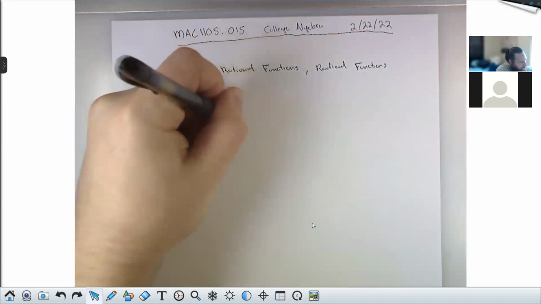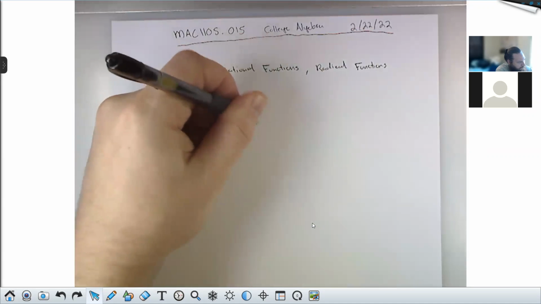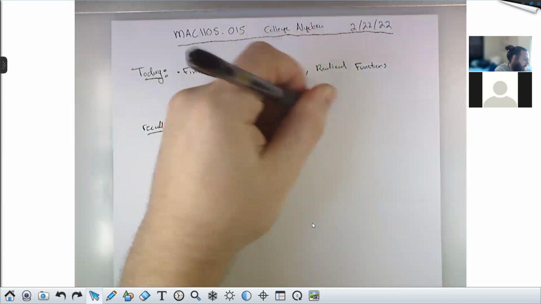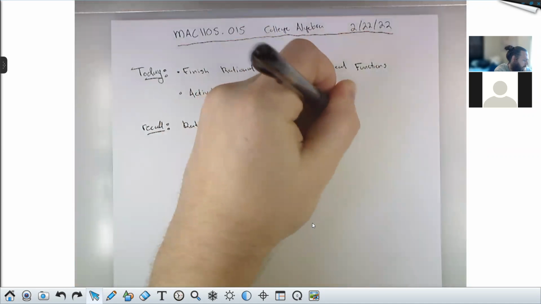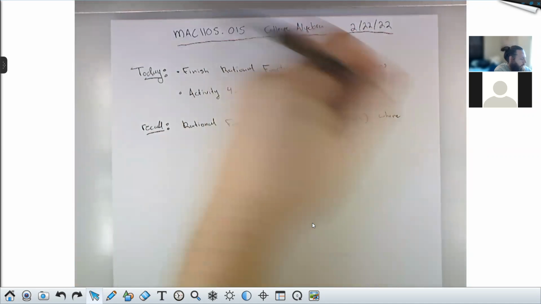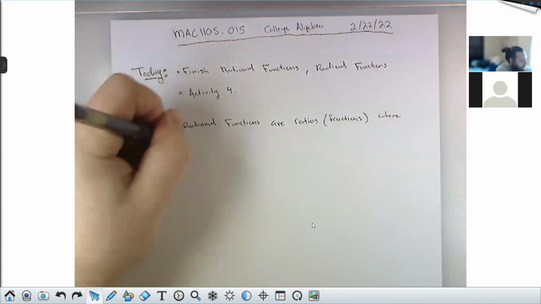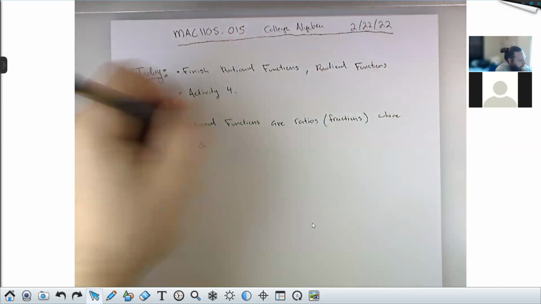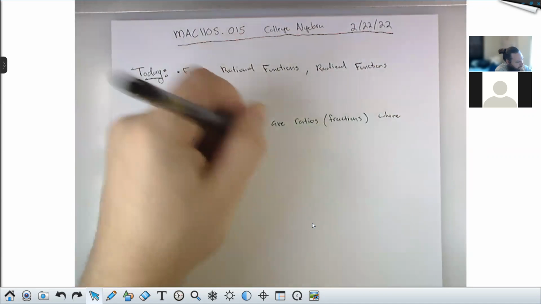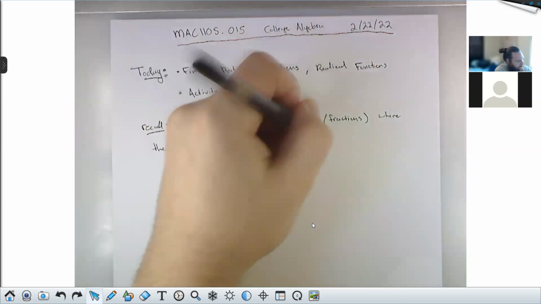Rational functions are ratios, known as fractions, where the top and bottom are both polynomials.